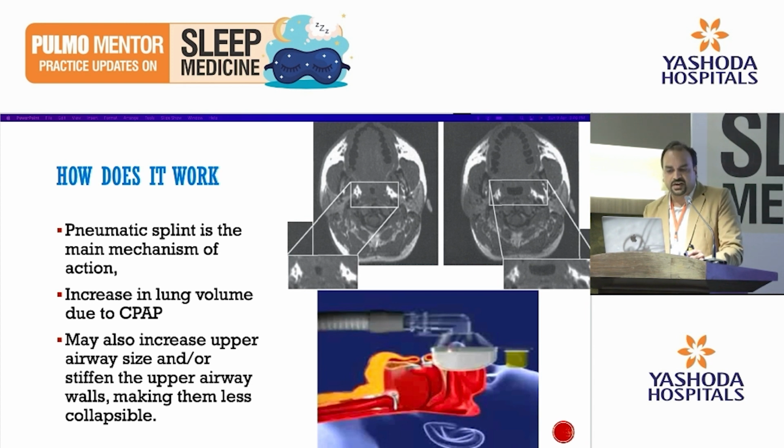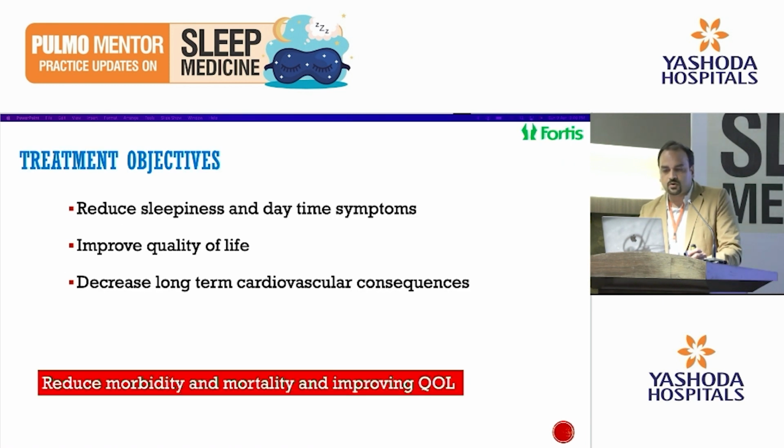This is called a pneumatic splint, and it also increases lung volumes in some patients to some extent, and that may increase upper airway size and stiffness, making it less collapsible. So that is the basic therapy when we talk about sleep apnea.